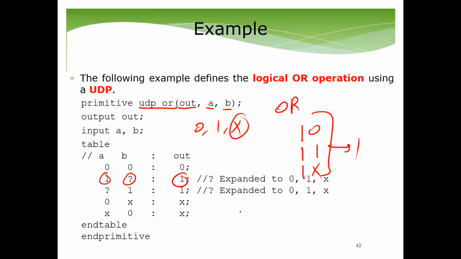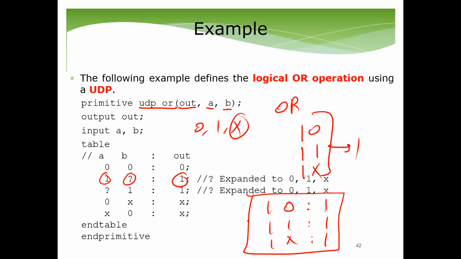Otherwise you should define each one, that 1 0 gives us 1, 1 1 gives us 1, and 1 unknown gives us also 1. So instead of writing these 3 lines, you can use the question mark symbol to cover all these cases.